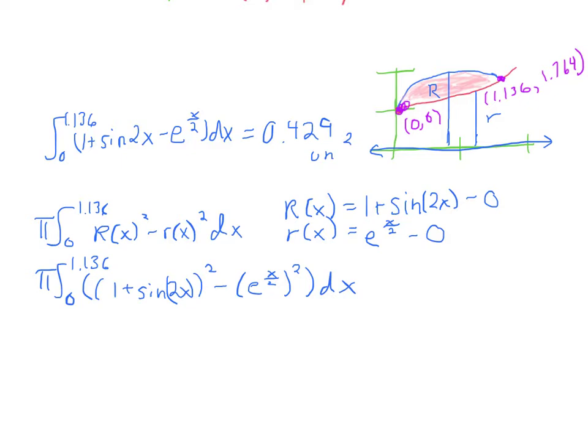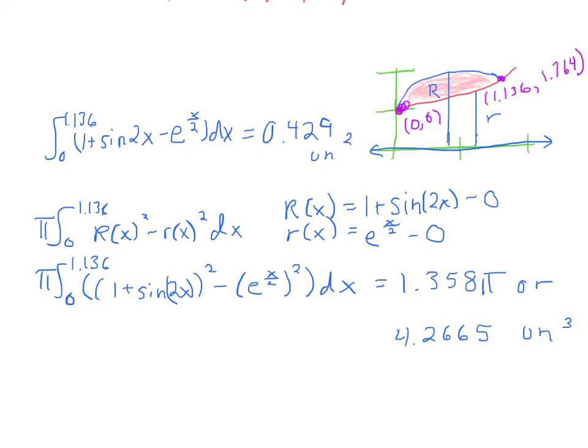And plugging that into our calculator should give us 1.358 pi if you did not multiply by the pi. Or if you did multiply by the pi, 4.2665 units cubed.